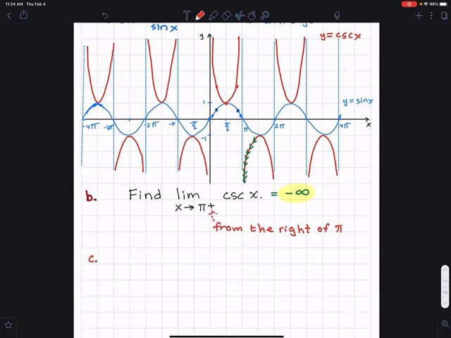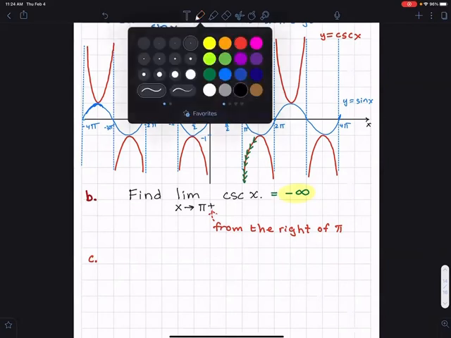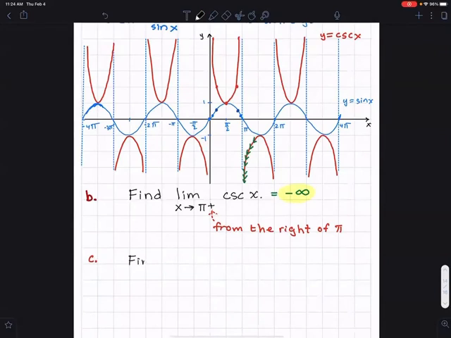Let's do another one. Since we're already here, we already spent time writing that up. Let's find the limit as x approaches negative pi from the left of cosecant x.